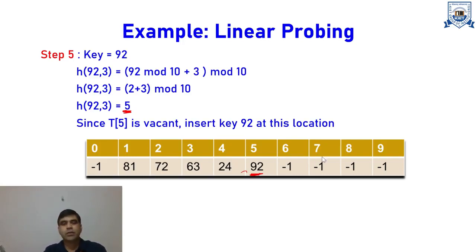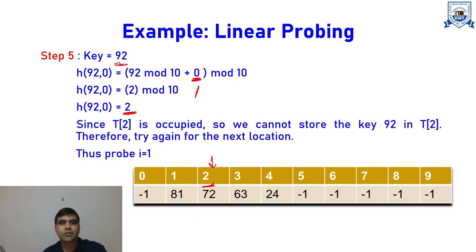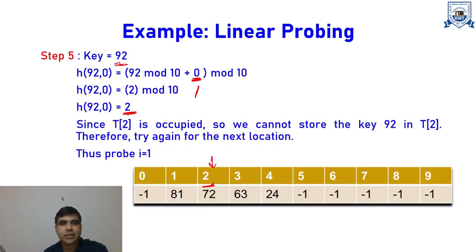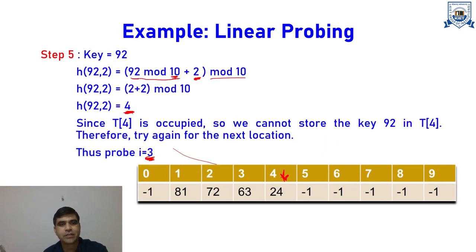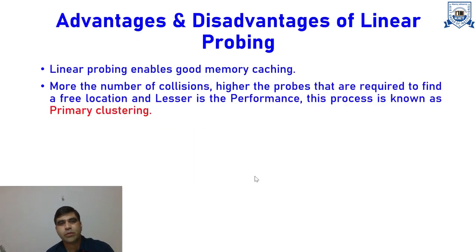See this: the first index given by the hash function is 2. We have a collision, then we have index 3, again a collision, then index 4, again a collision, and then index 5. There is the empty space, and we store 92 at this particular place. So this is how linear probing works, right?